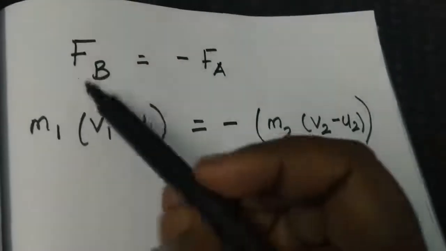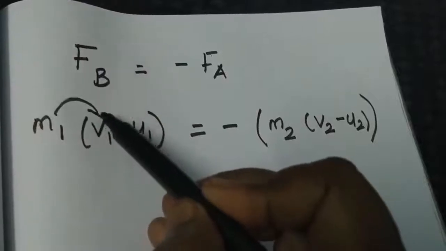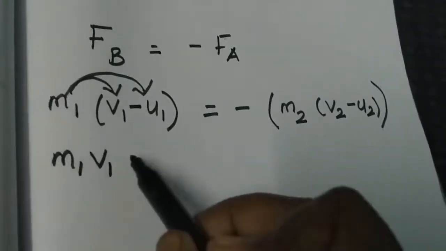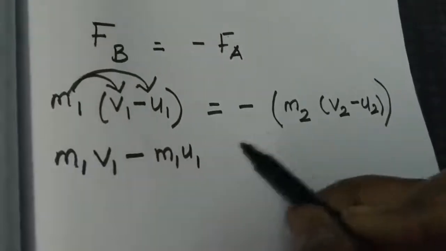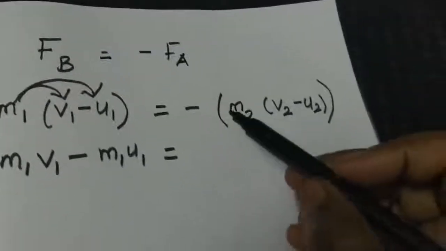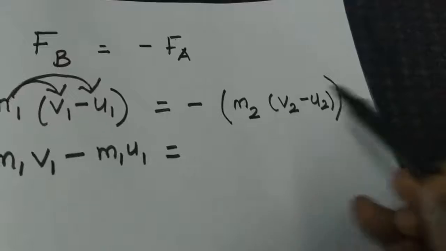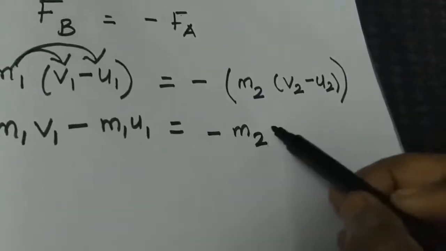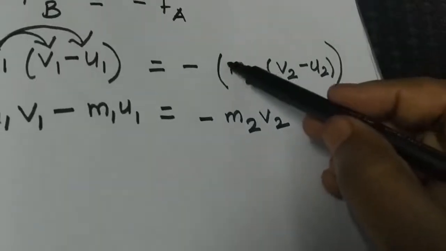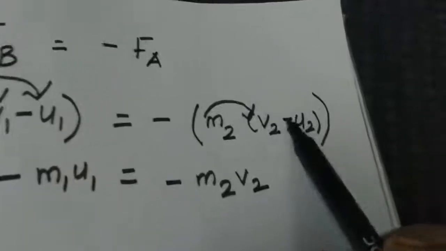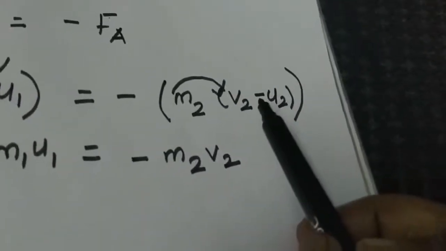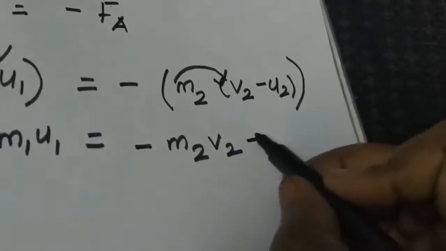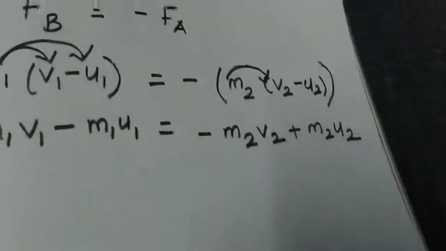Then we multiply the values: m1 v1 minus m1 u1 equal to minus m2 v2 minus m2 u2, and then minus into minus gives plus, so plus m2 u2.